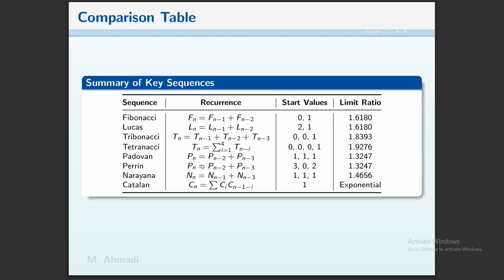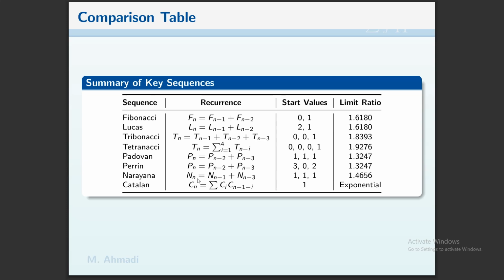1.9276. Padovan is the summation of Pn minus 2 plus Pn minus 3. The initial value is 1, 1, 1, and the limit ratio is 1.3247. Perrin is similar to the Padovan with a different initial value and the same limit ratio.